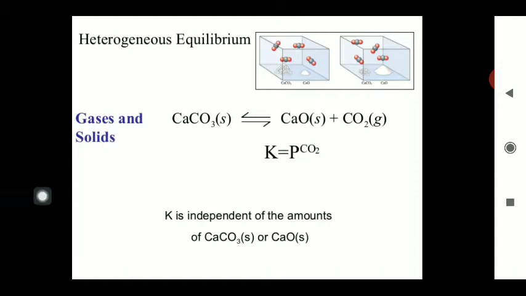Example, CaCO3 is in solid form and it will dissociate to form calcium oxide plus CO2, and CO2 is a gas, this is a solid. The states of matter of the reactant and product differ from each other, and the equilibrium achieved in this way is known as heterogeneous equilibrium.